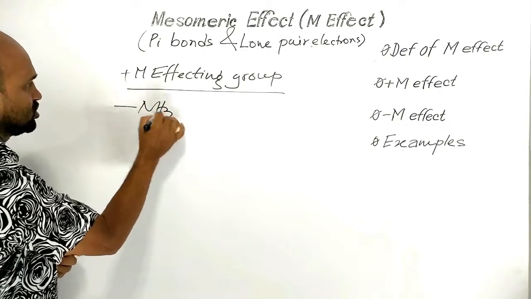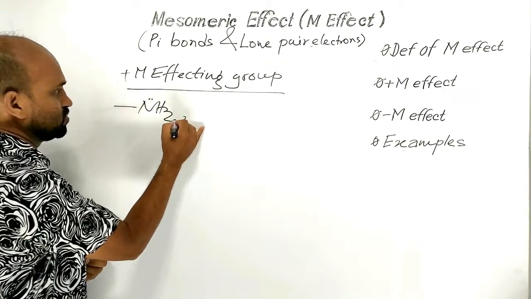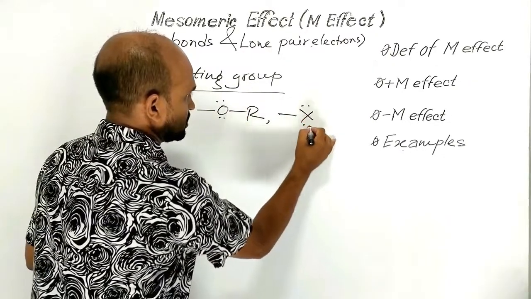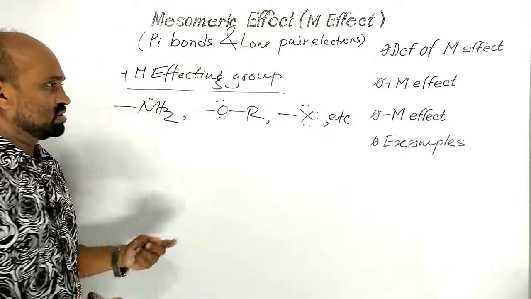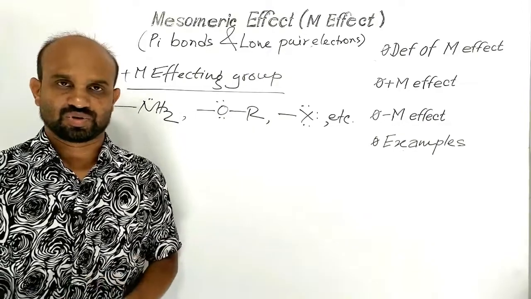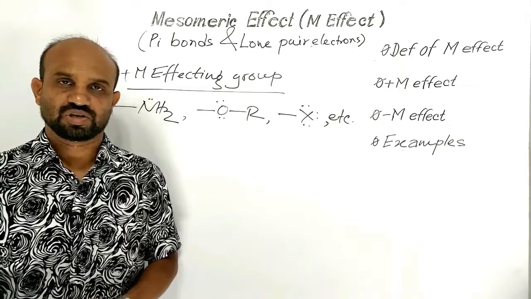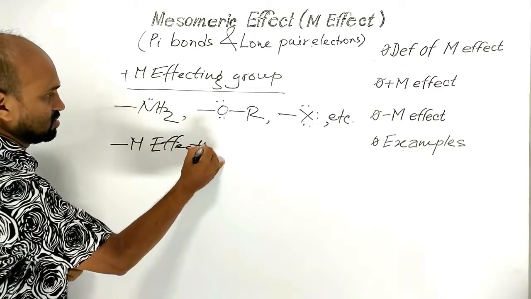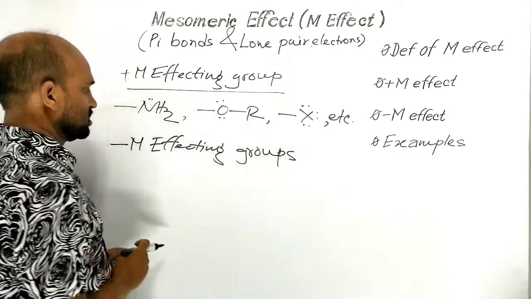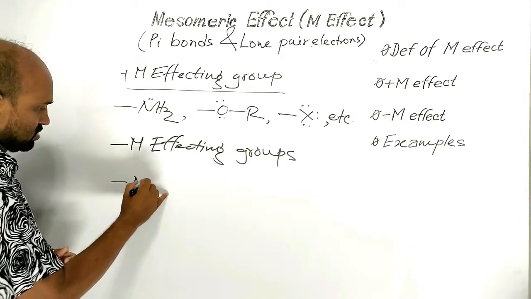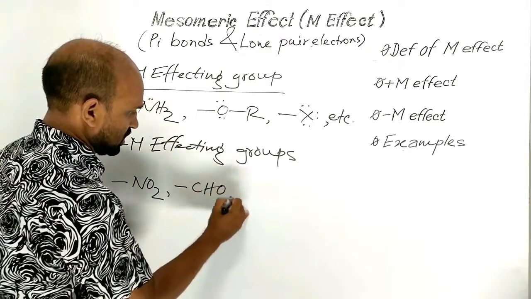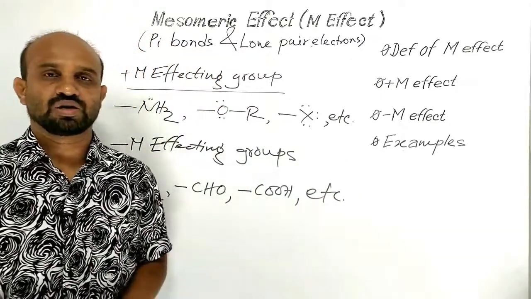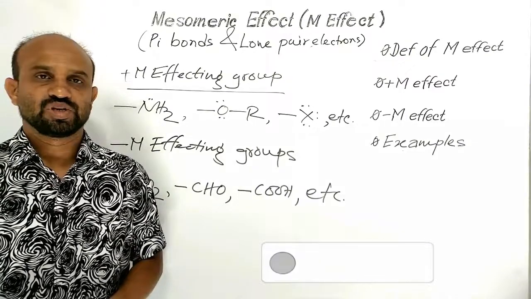Amino group is an electron donating group, alkoxy group is an electron donating group, halogens, etc. The groups that are electron donating groups are called positive mesomeric effecting groups, and negative mesomeric effecting groups are electron withdrawing groups: nitro group, aldehyde group, carboxyl group, etc. The groups that are electron withdrawing groups are called negative mesomeric effecting groups.